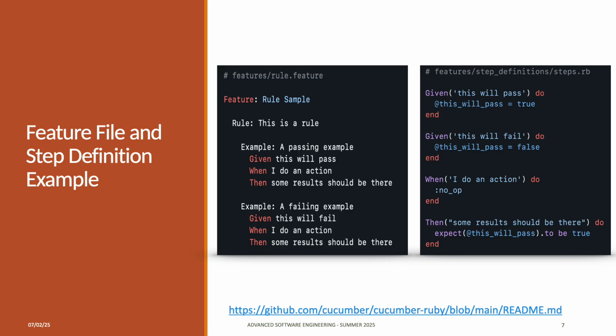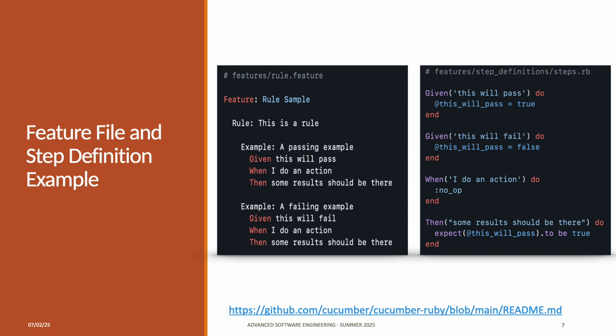When it hits the when I do an action, on the Ruby file, it will go down to that code block and do nothing. And then when it hits then some results should be there, it will go down to that code block and have the expect method called on that variable and then compare that to true. And so since this will pass was set to true on the given statement, true is true, so this example would then be successful.